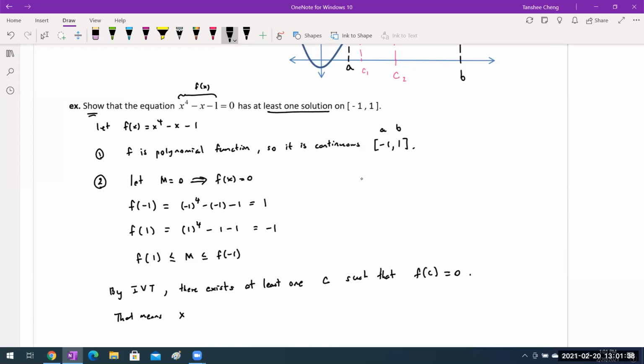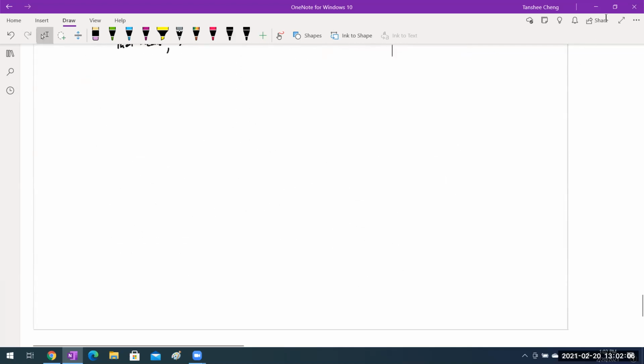That means x to the fourth minus x minus 1 equal to 0, the equation, has at least one solution. And this is using the IVT to show existence of a solution in this problem. And that concludes this section.